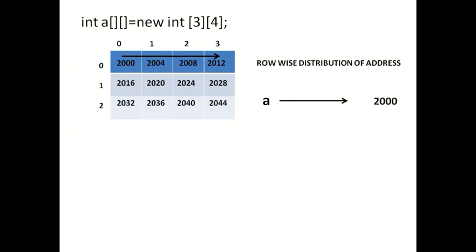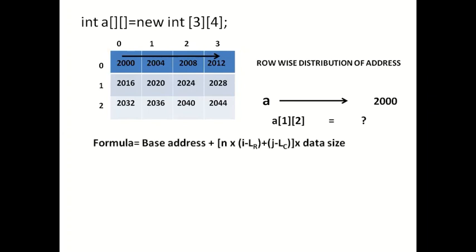Now if you have a 2D array and somebody asks you to find the address of A1 of 2, the question comes, how can we find the address of A1 of 2. There's a formula to find the address. This formula is base address plus n into (I minus LR) plus (j minus LC), into data size.